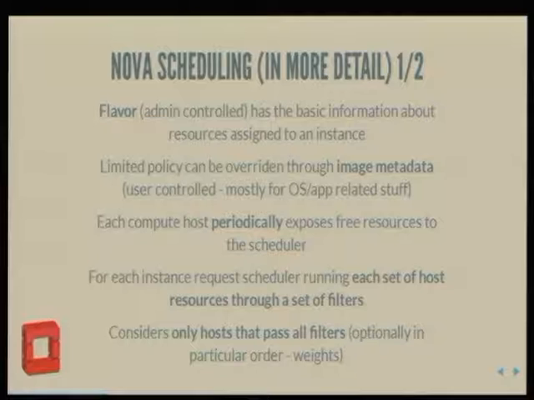It can be a bit more complicated than that. And it can be overridden through image metadata, which is user controlled, while the flavors are, which is also an important thing that I forgot to mention, admin controlled. So admins would define them, and that's the granularity at which the users would be able to consume resources.